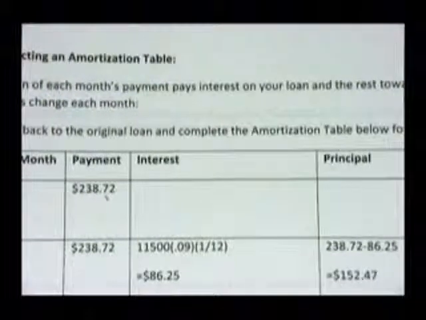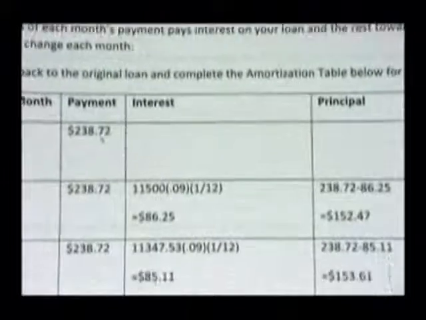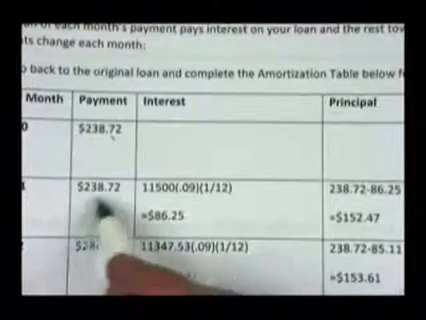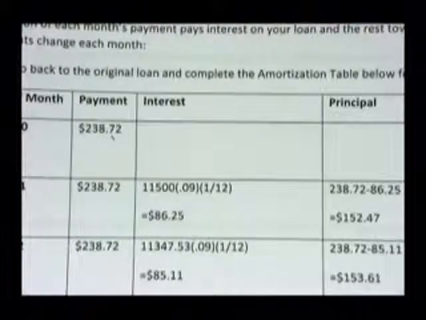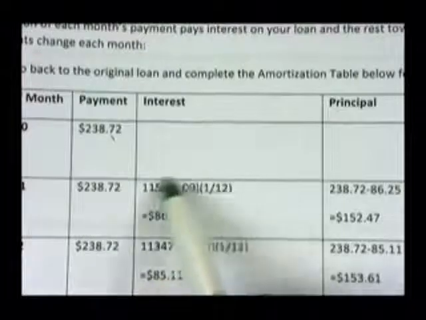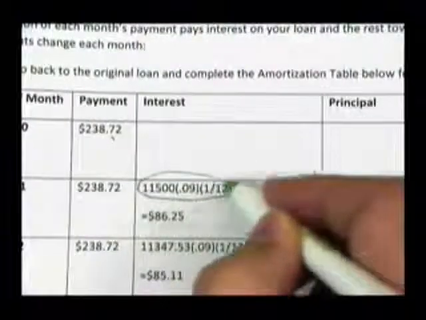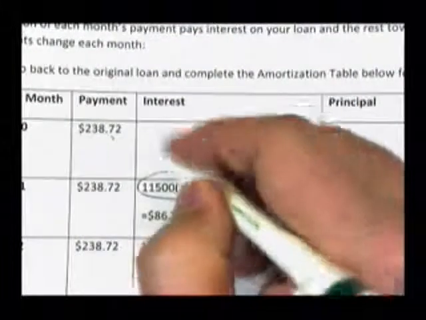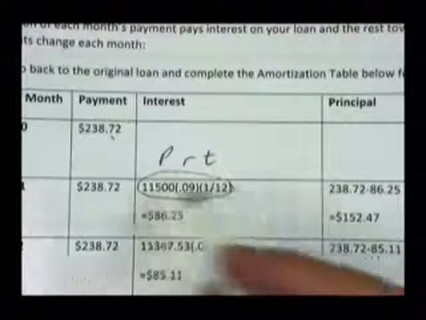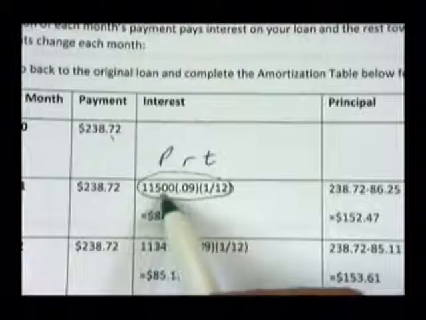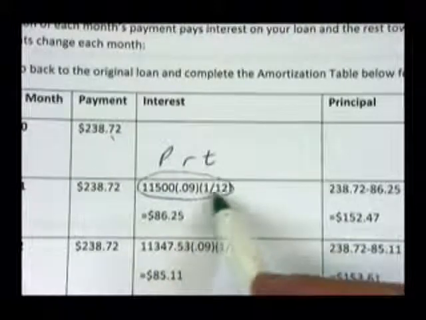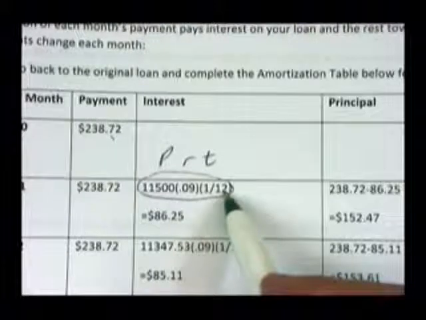We look at the first month, okay, and we know that our payment in the first month is $238.72. To figure out how much interest we owe for that month, we're going to use, notice this is simple interest. This is P, R, and T. We're going to take what we owe, which is $11,500, times our interest rate, which is 9%, times our time, which is 1/12 of a year.